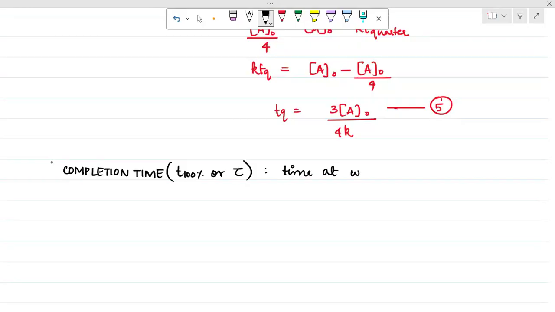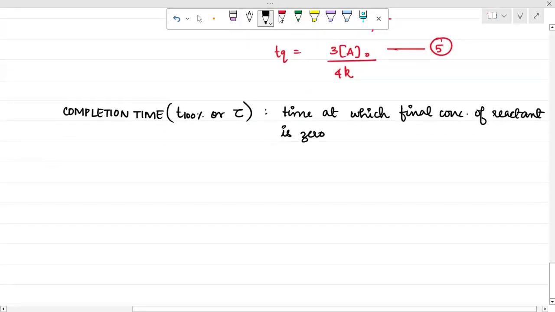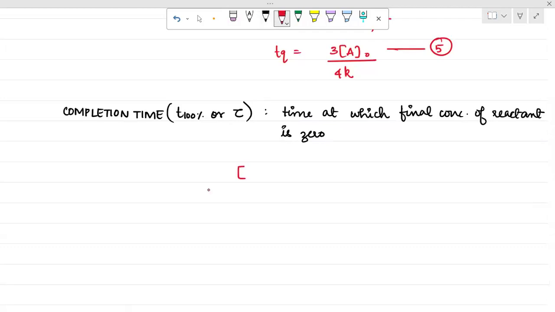Time at which reaction is complete, or you can write it as time at which final concentration of reactant is 0. Derive the expression, come on. Concentration of A is equal to initial concentration minus k into t.